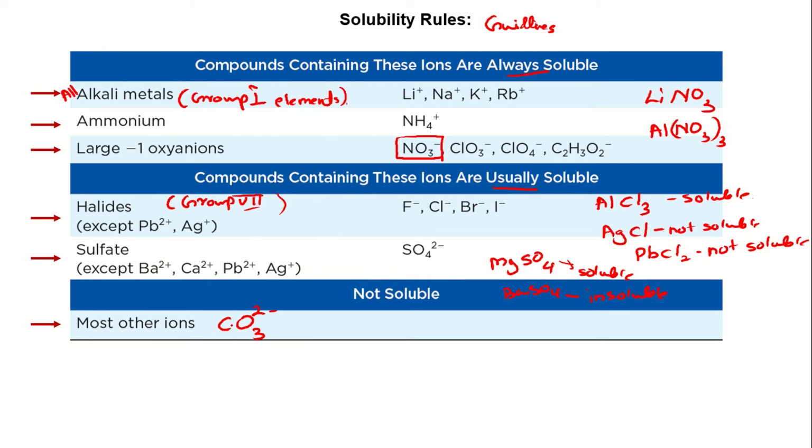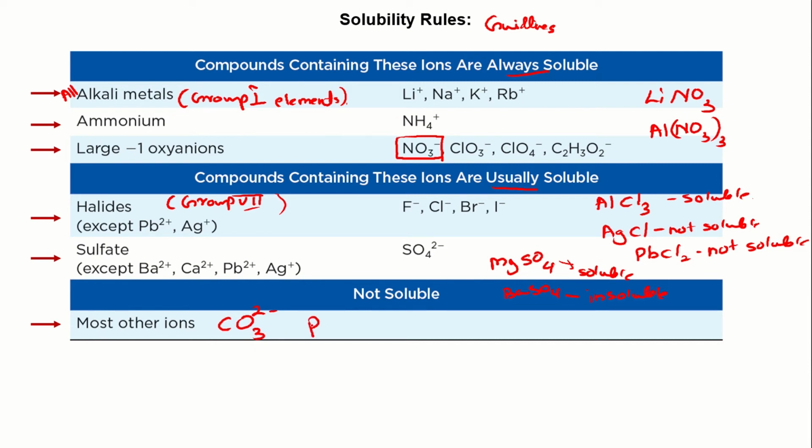So if you make a carbonate of any compound, they are not soluble, but there will be exceptions. Look at this one. That means if you make a carbonate with a group 1 metal, it will be soluble. If you make a carbonate with the ammonium ion, it will be soluble. Those are the only exceptions. All the other carbonates are going to be insoluble.